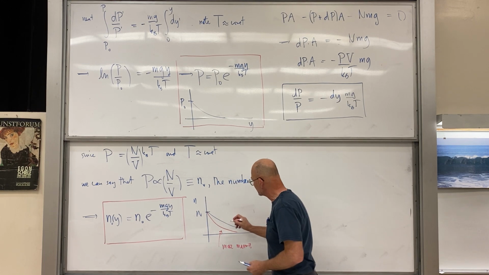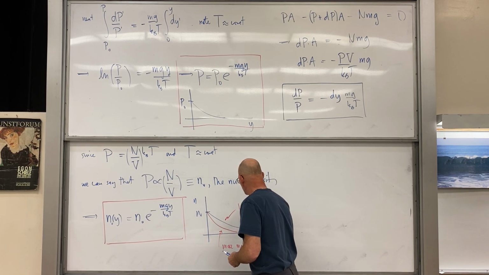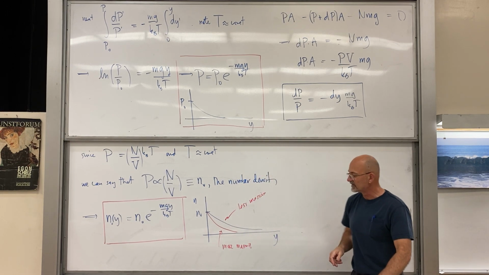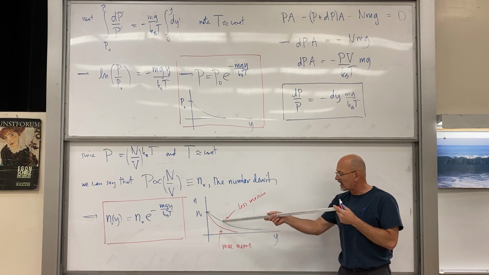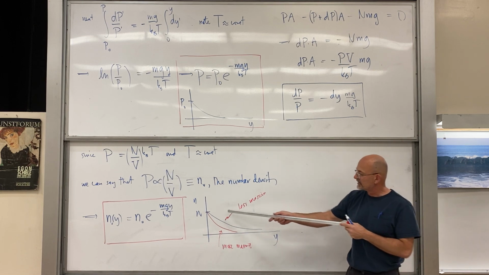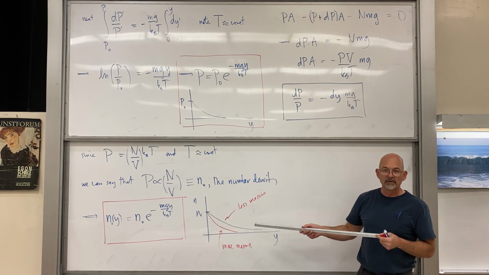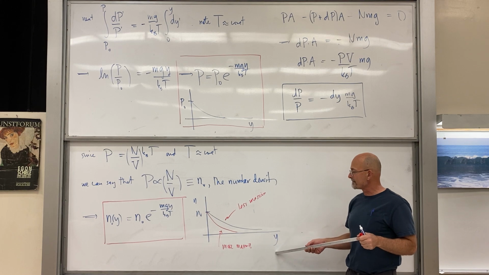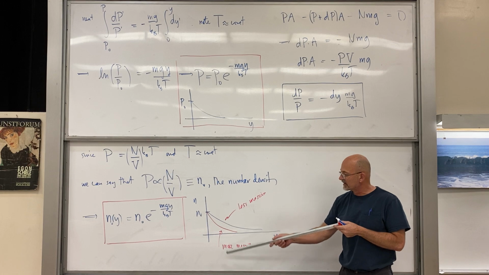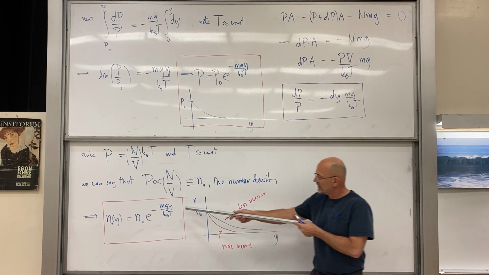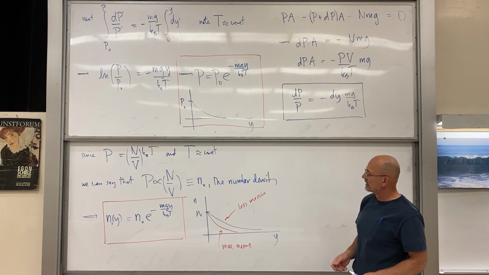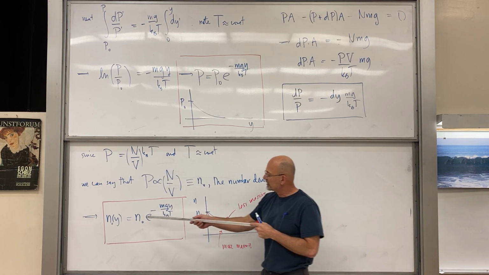And what that means is that the more massive particles will be concentrated at the lower altitudes compared to the lighter particles. So the trace gases will be distributed differently according to this distribution here. Good, so there's our exponential atmosphere in terms of number density.